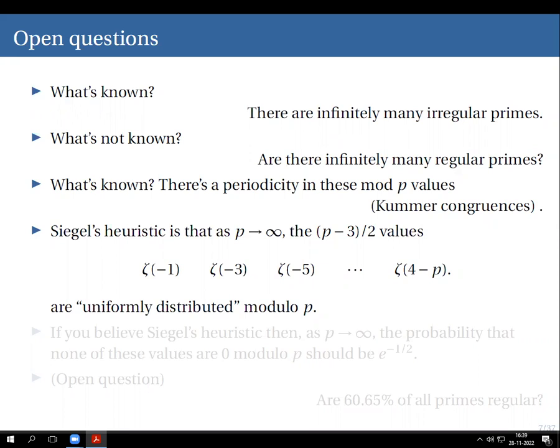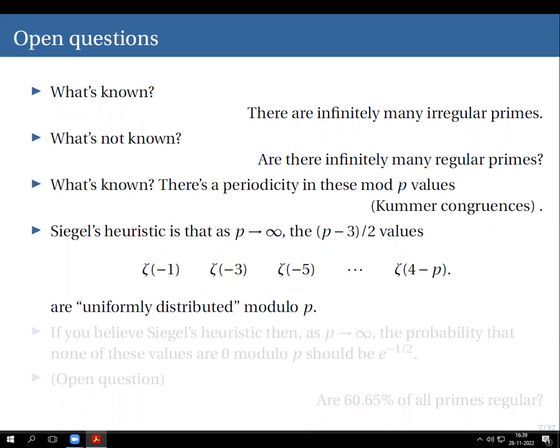I'm interested in zeta values at negative integers: zeta(-1), zeta(-3), zeta(-5), and so on, up to zeta(4-p), and so on. There's some sort of cyclicity. After this, there's zeta(2-p), and then zeta(-p). But there are these Kummer congruences that say that the mod p values of them actually start repeating.